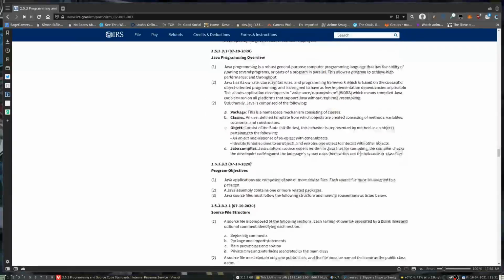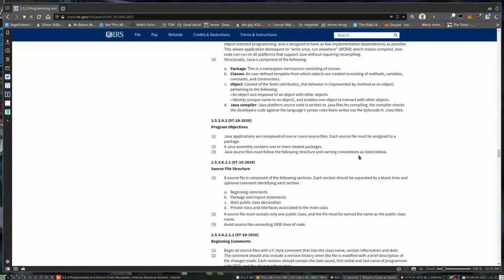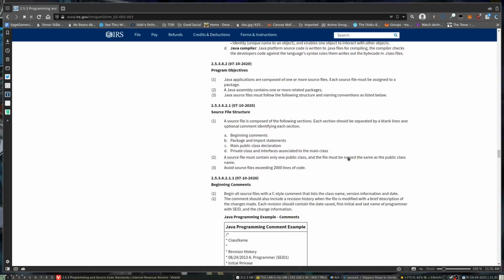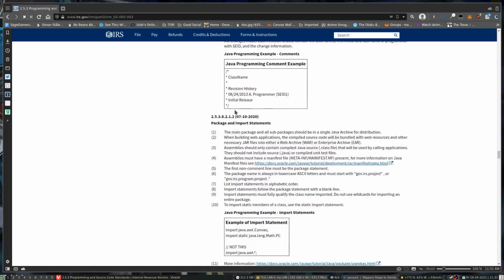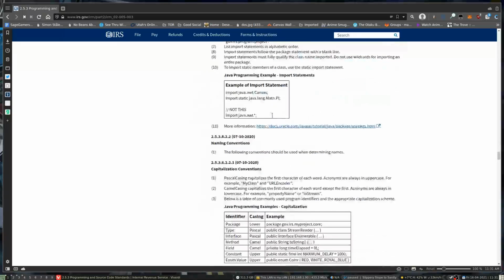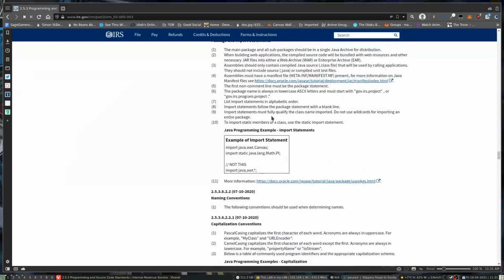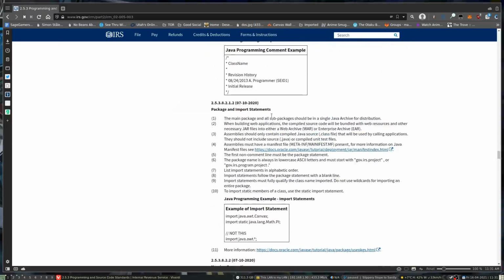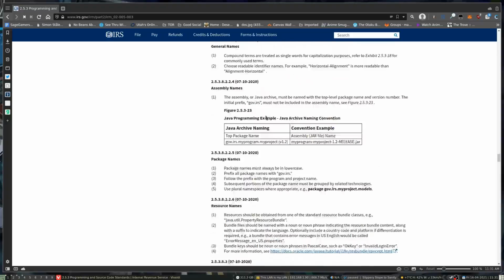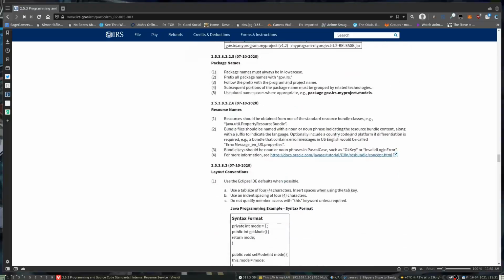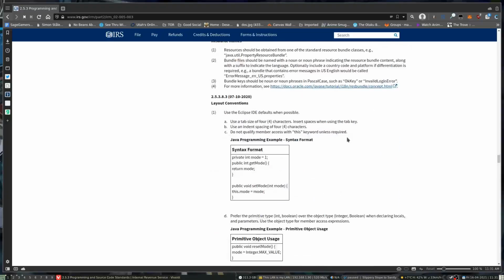Oh, here's the Java section. They saved it to last. There it is. So I think the Java one is more full and complete. They do have comment standards, of course, because code etiquette has to be followed. Mostly this is defining the code etiquette that they expect and the formatting standards to keep everything nice and simple.